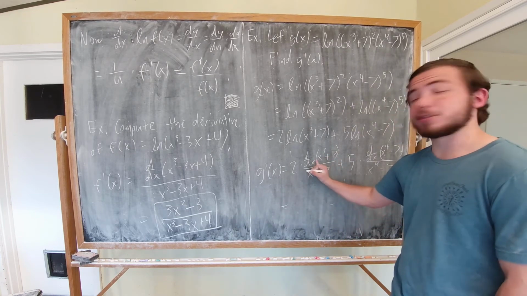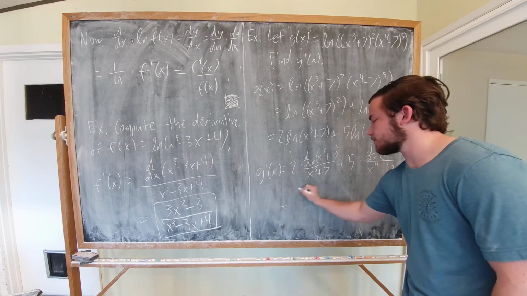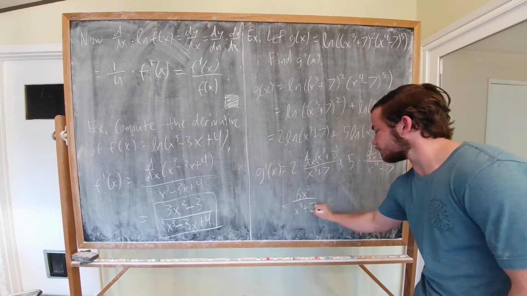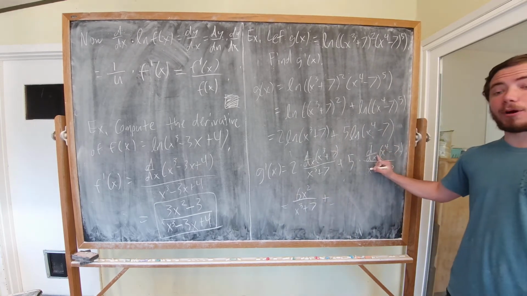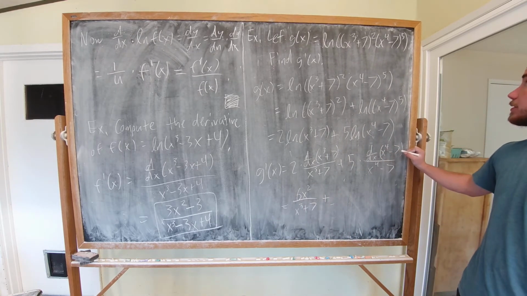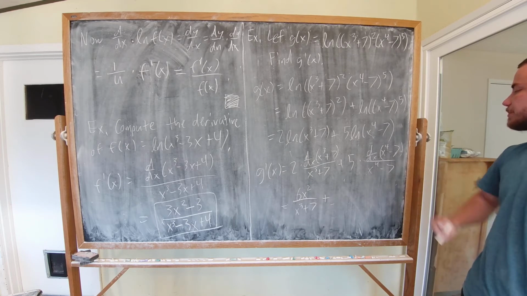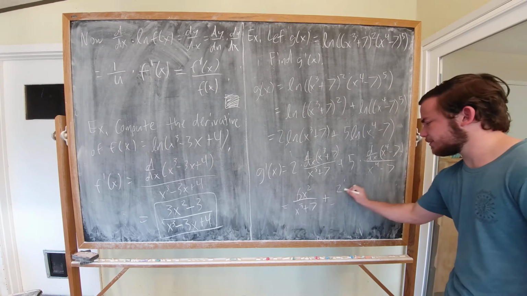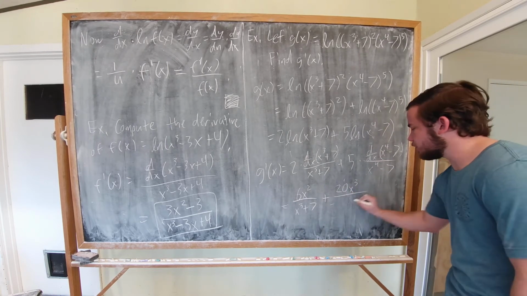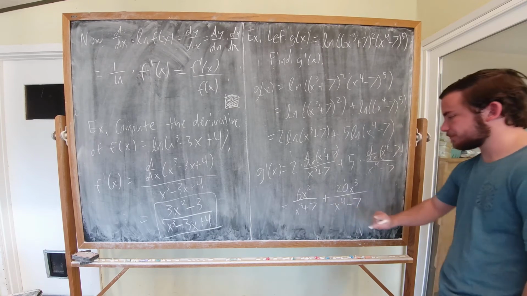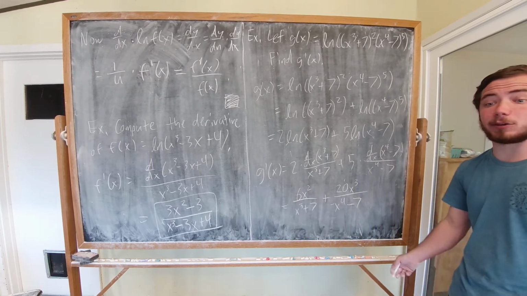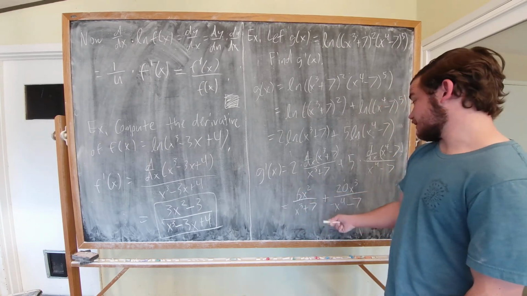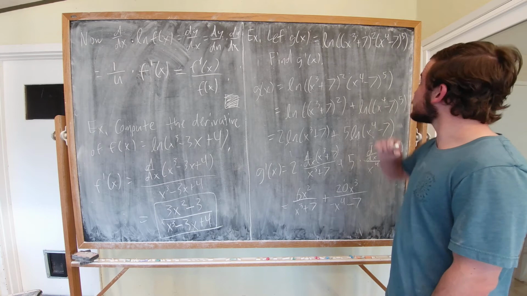You'll end up with 3x squared times 2 is 6x squared over x cubed plus 7, plus 4x cubed, the minus 7, oh it is 7 both times, goes away, and you're left with 5 times 4 is 20x cubed over x to the 4th minus 7. You can merge the two fractions back if you want. I don't see the need to. And it would in fact just kind of get you back where you started.